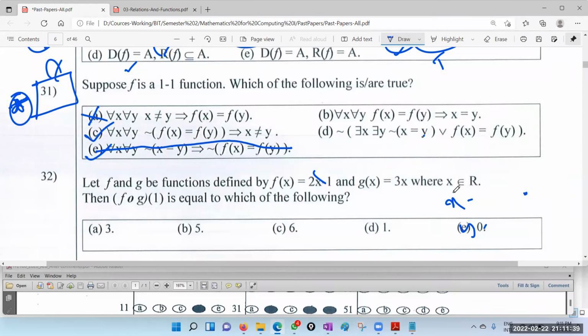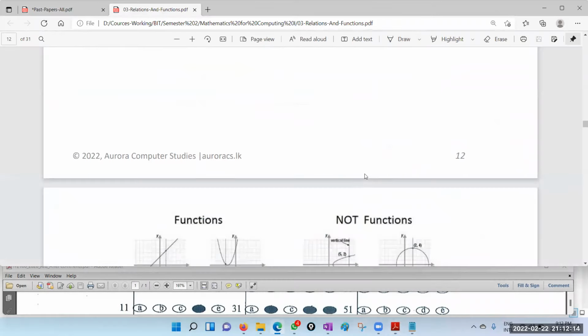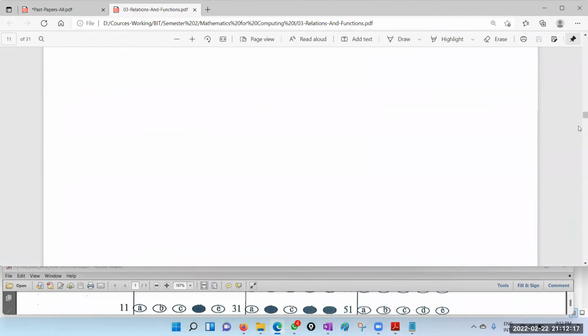Either x is not equal to y, or fx equal fy. That is something weird. This big not.